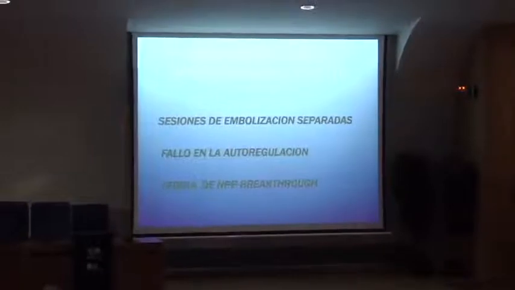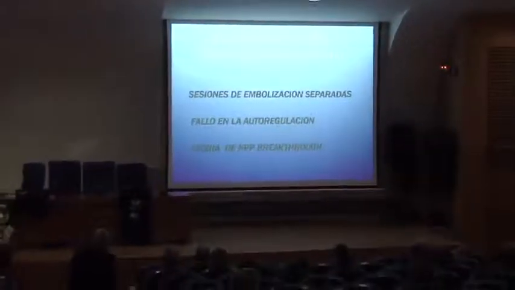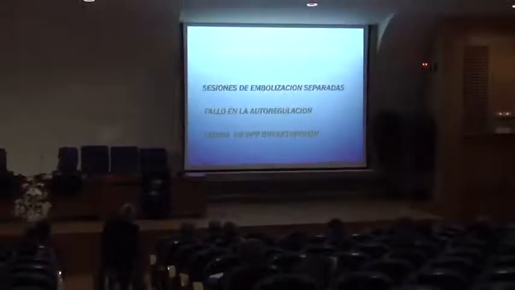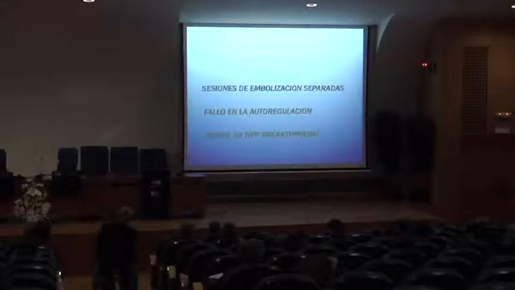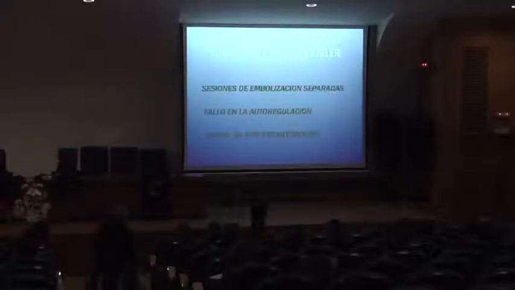Next. Another question is the big AVM, Spetzler-Martin grade 4-5. The most important thing is treating the patient in multiple sessions, because the problem is the breakthrough. The breakthrough sometimes is a rebleeding of the AVM. Next.